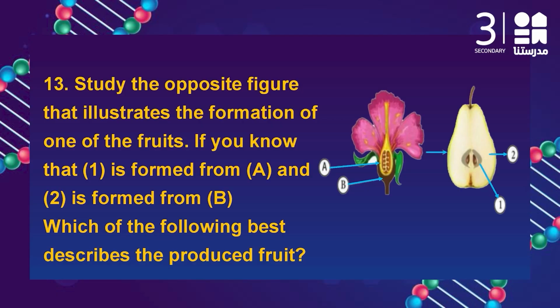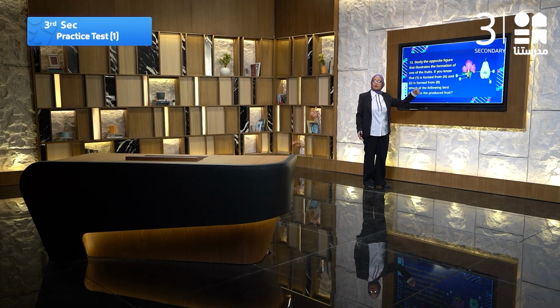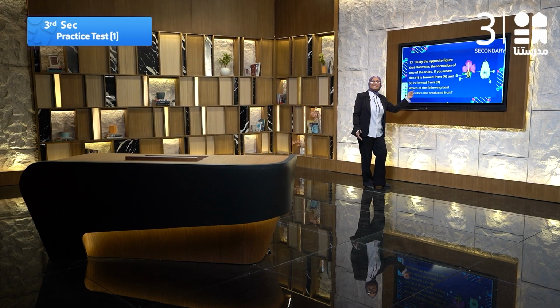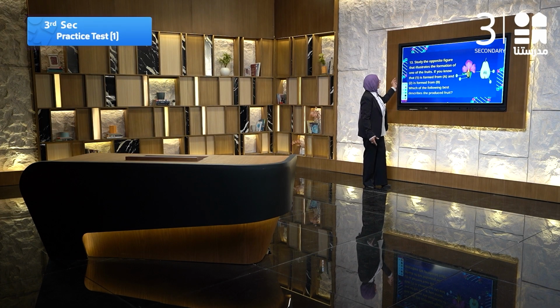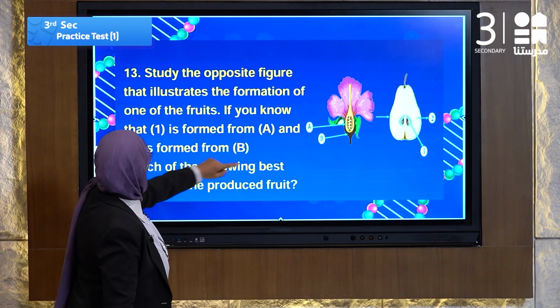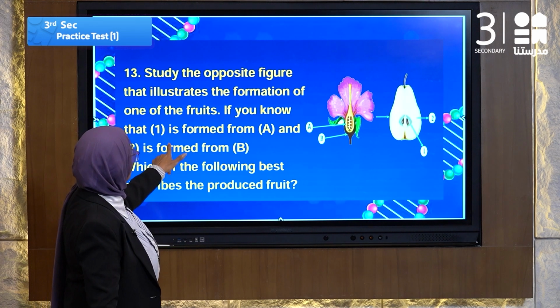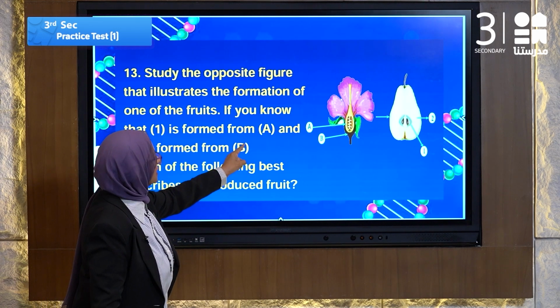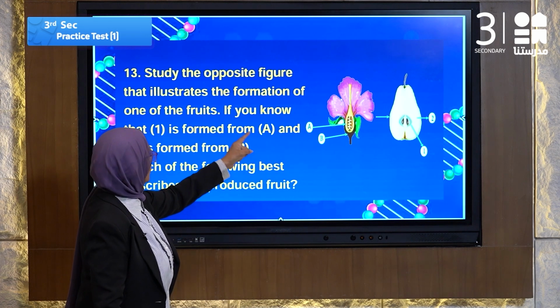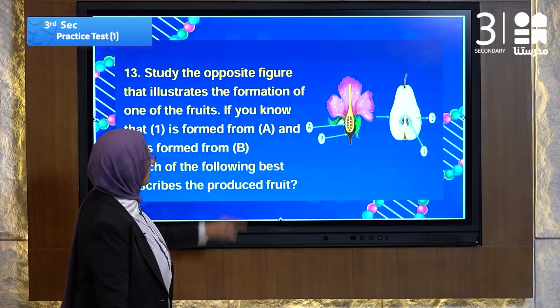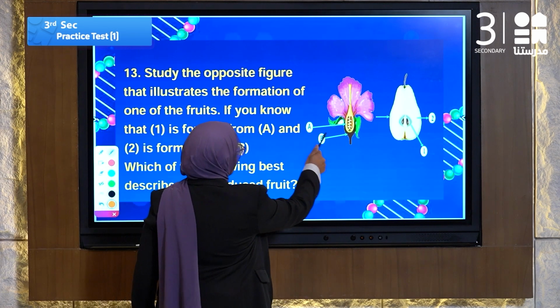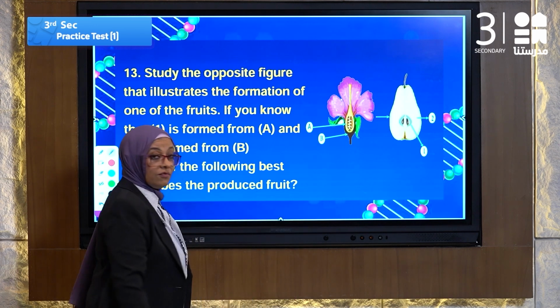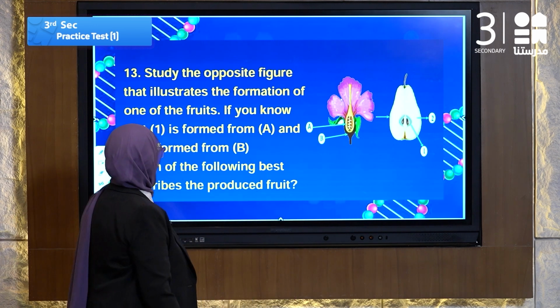Question number 13. Study the opposite figure that illustrates the formation of one of the fruits. Yes, fruit comes from the flower. It is the mother of the fruit. Note, 1 is formed from A. 1 is a seed formed from A, the ovary of the flower.